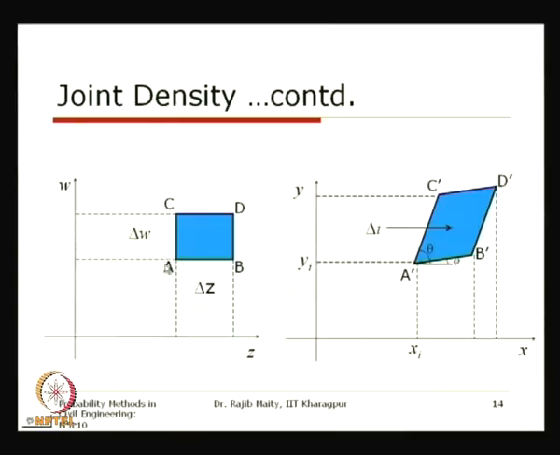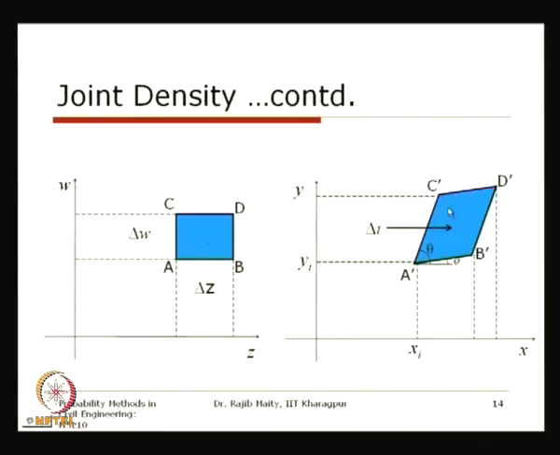As I was just telling, A has the coordinate (z, w), which is mapped to A prime. The coordinate of B is z plus delta z comma w, the coordinate of C is z comma w plus delta w, and the coordinate of D is z plus delta z comma w plus delta w.